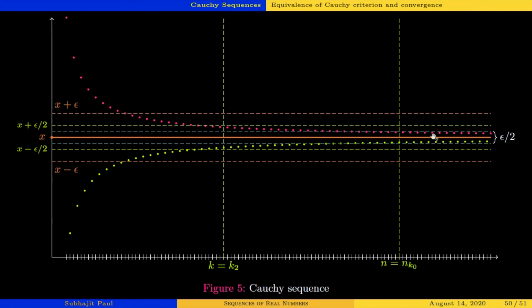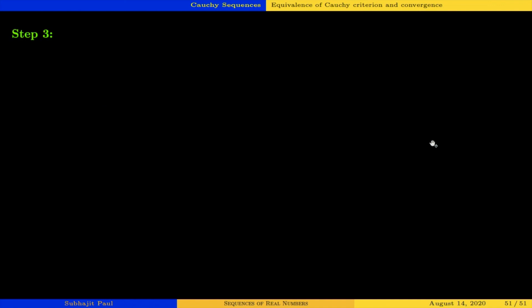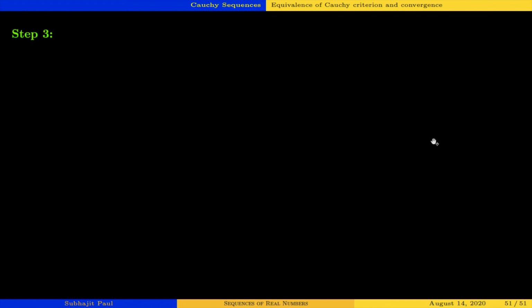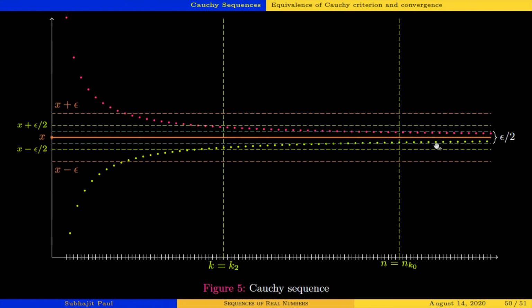So the distance of this point from x is guaranteed by this way. This is less than the distance of this pink point from this green point. The distance between the pink point and this green point is less than epsilon by 2, and between this green point and x, that is also less than epsilon by 2.